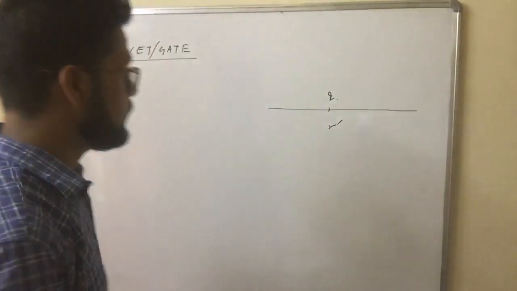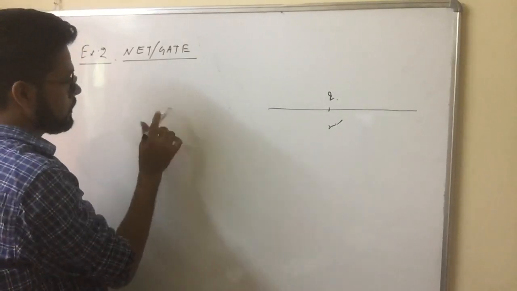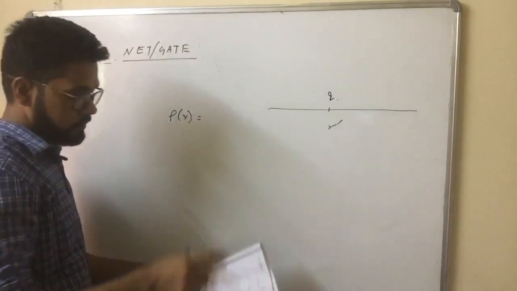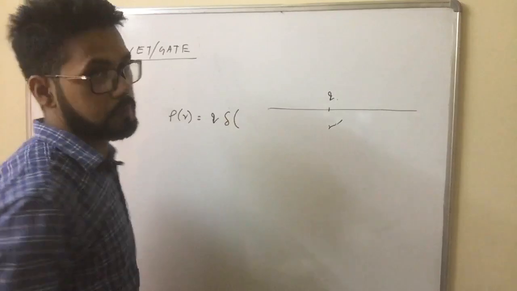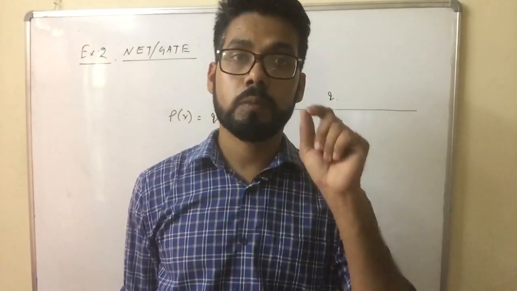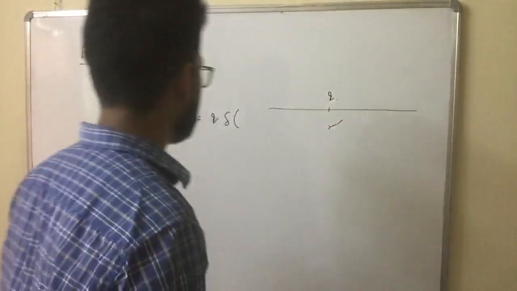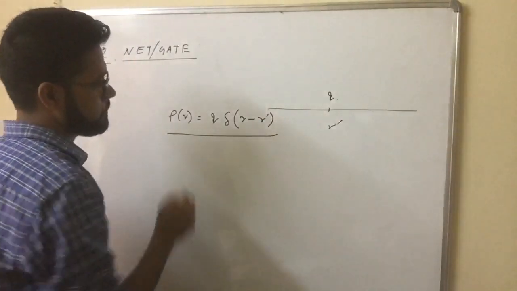How can you represent it? The charge density rho equals what? This Q is located at which point? Because this charge Q is located at only a single point, you have to specify that point. That equals Q delta of r minus r dash. This is the correct expression.